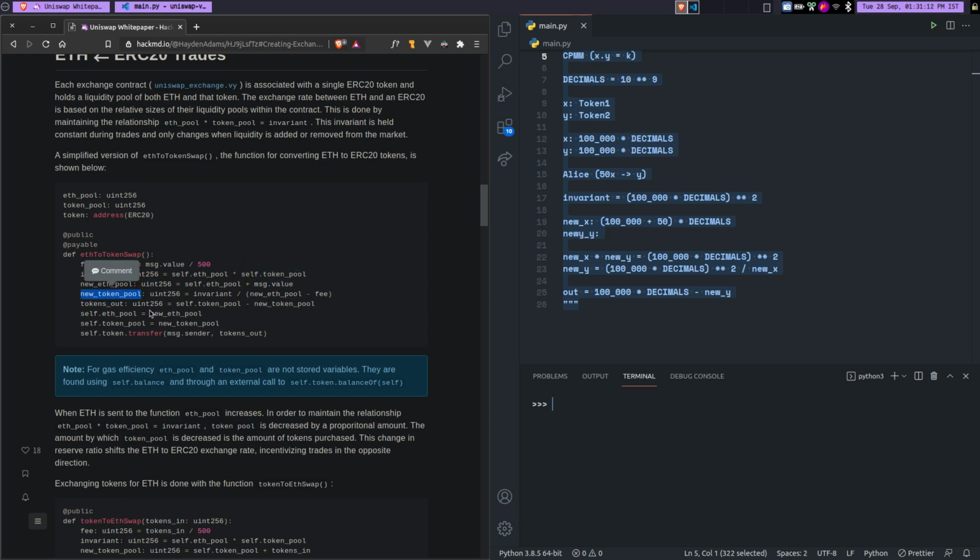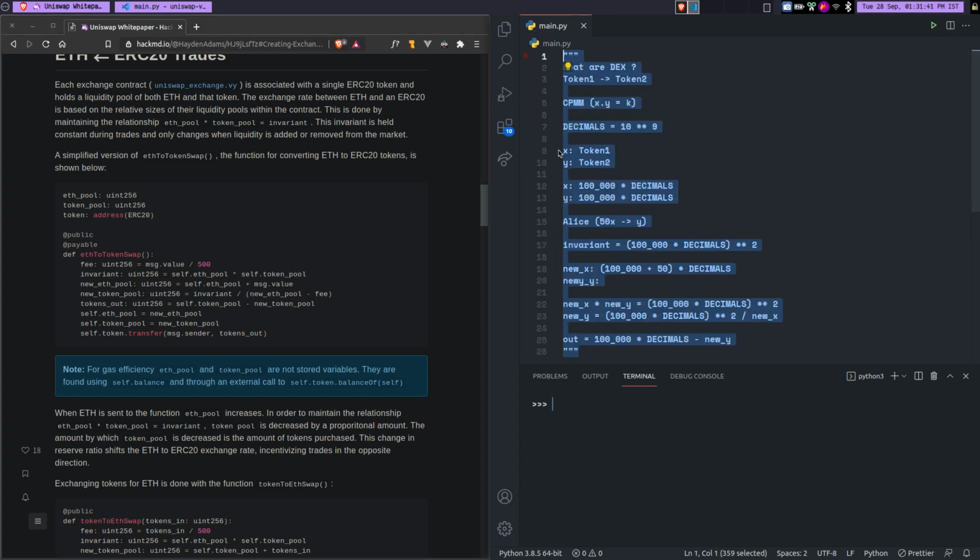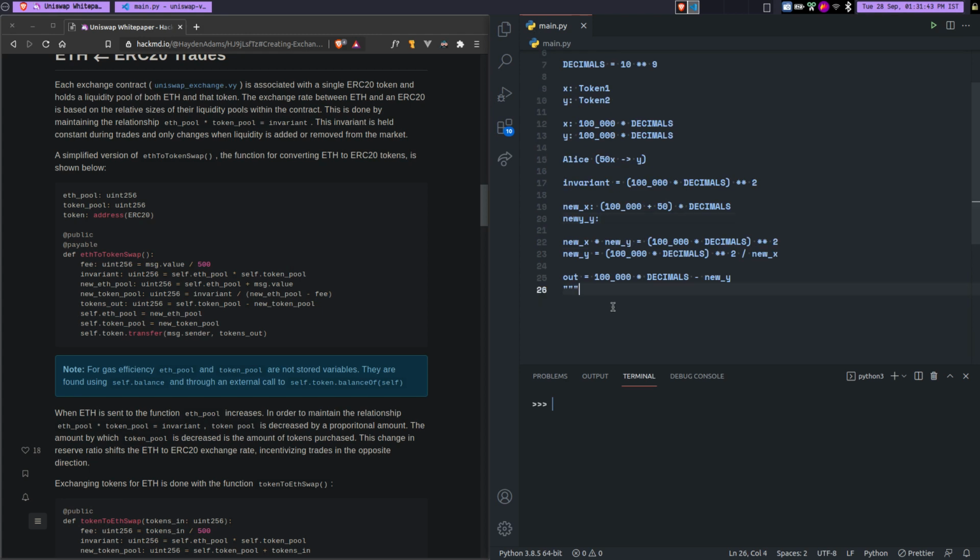In the same sense, they can find the new token pool, which in our case is going to be new Y. You can see they are dividing the invariant by the new ETH pool, but instead of dividing it by the new ETH pool, they are doing something like new ETH pool minus fee, because they want the fee as well, right? They want to reserve the fee for the admin. So this is why they're doing this. Cool. So let's code this specific portion, whatever I've discussed, and we can move further.